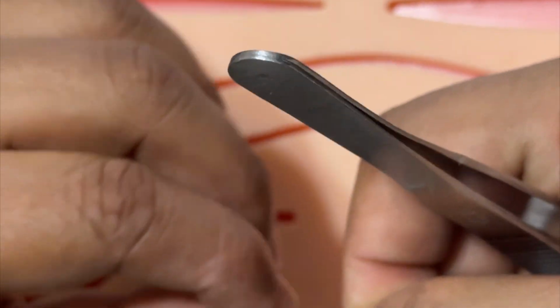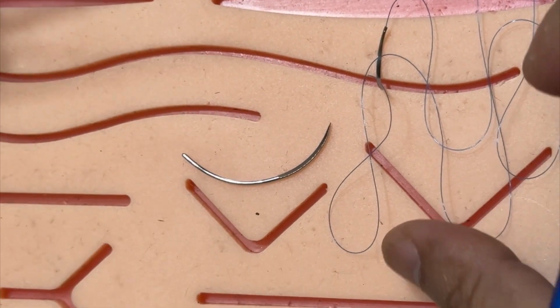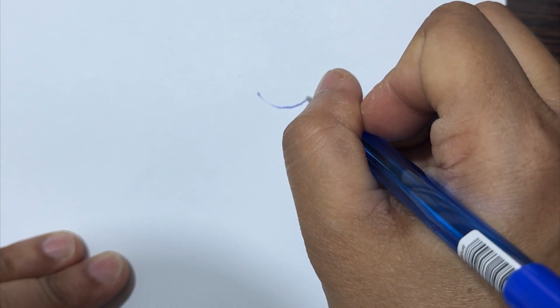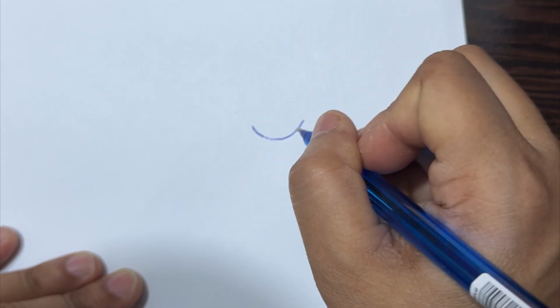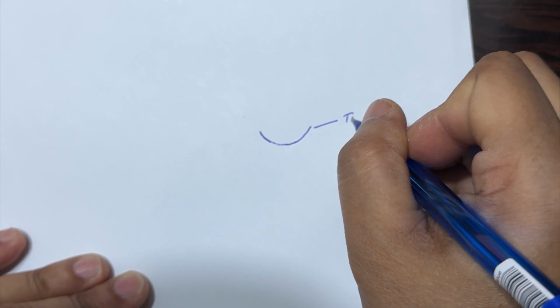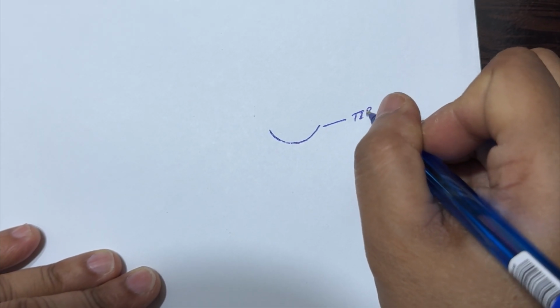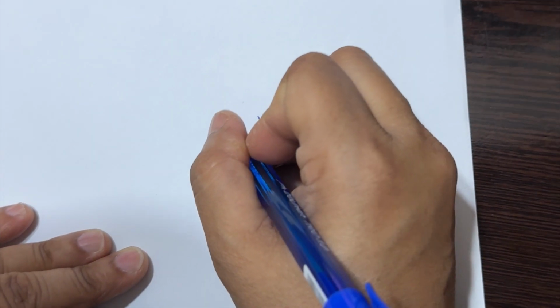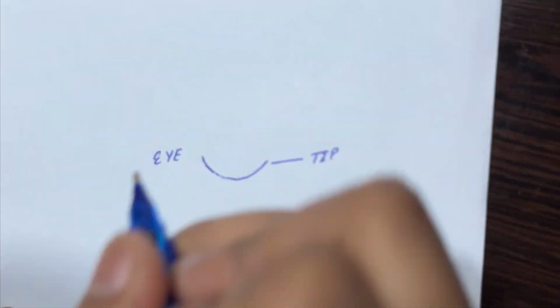Now, suppose, let me draw and explain it to you, okay? Suppose this is the needle we have. Let this be the tip, okay? Let this be the eye. Am I right?